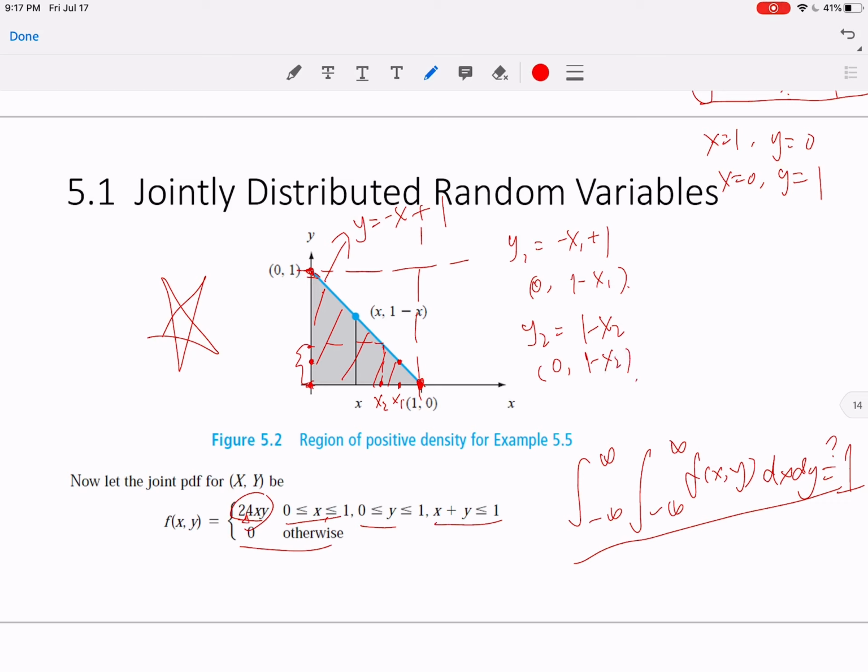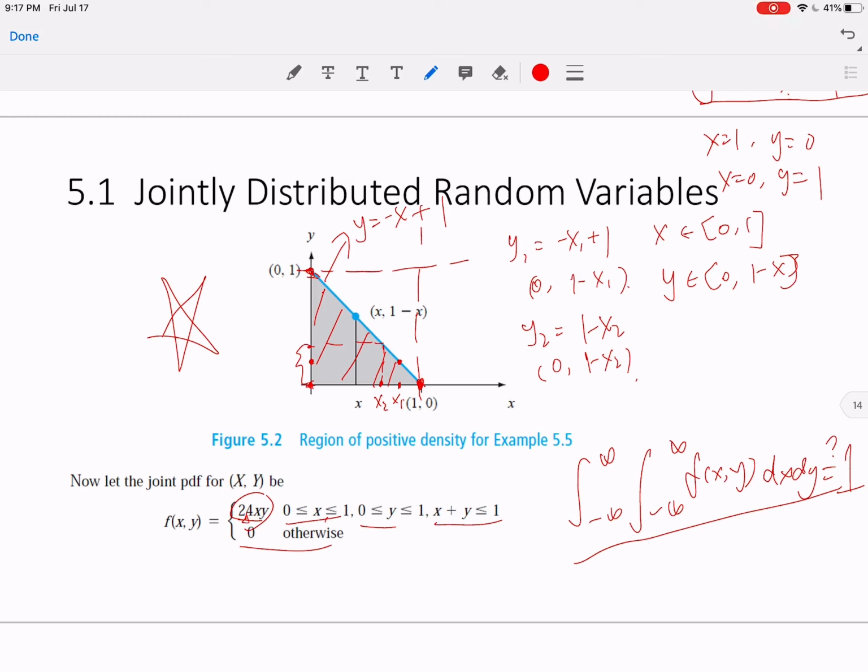In other words, if we fix x value, then y is going to be somewhere between 0 and 1 minus x. X between 0 and 1, then y is going to be between 0 to 1 minus x. Because the value of y is going to completely depend on the value of x.